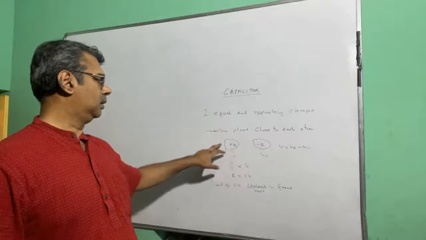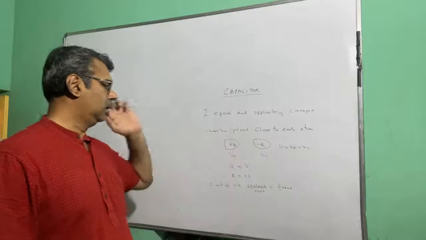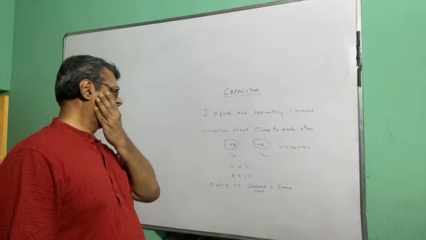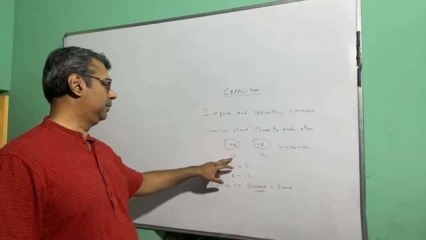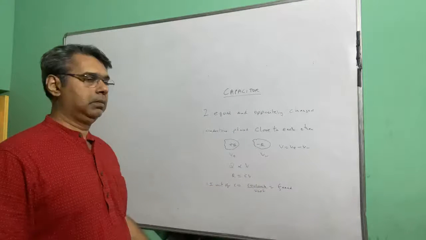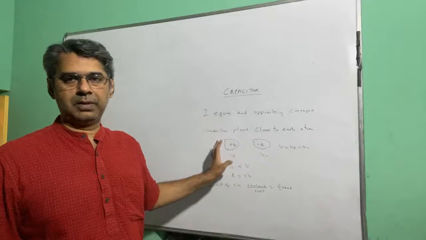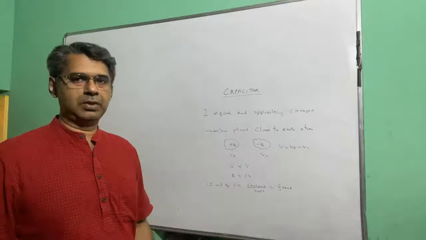There's a conductor with a charge plus Q, there's another conductor with a charge minus Q, and the potential of this is V plus and the potential of this is V minus. Obviously, because this is positively charged, it will have a higher potential, and this is negatively charged, so it will have a lower potential.